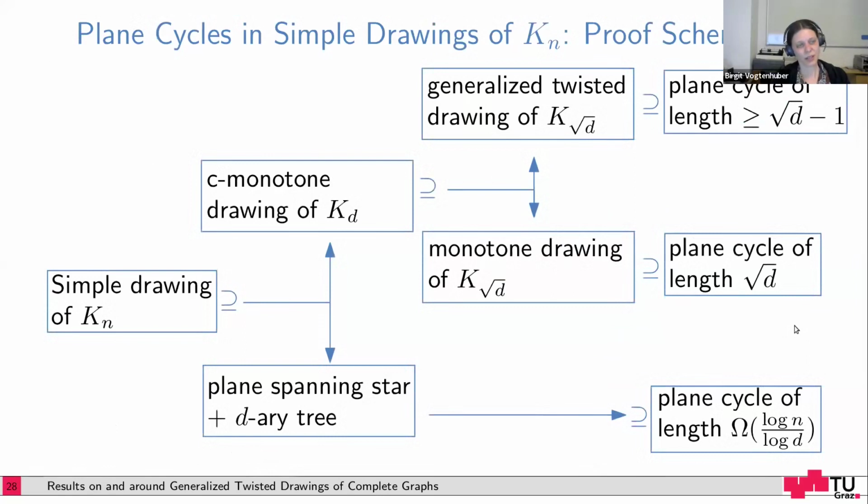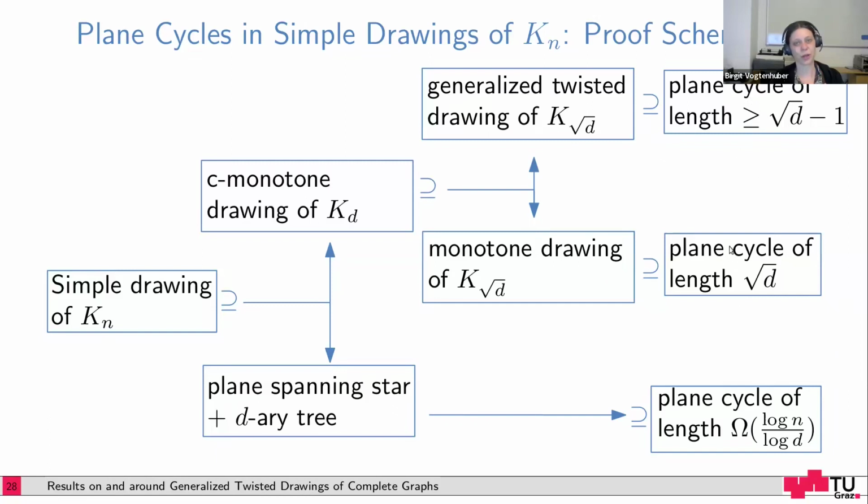And then using this property that generalized twisted drawings contain all these structures, we can show something for simple drawings by saying that every simple drawing contains either a monotone drawing of a K_D for some D, or a plane spanning star plus a d-ary tree that is plane together for the same D. And then the monotone drawing contains a K_√D that is either generalized twisted or monotone.